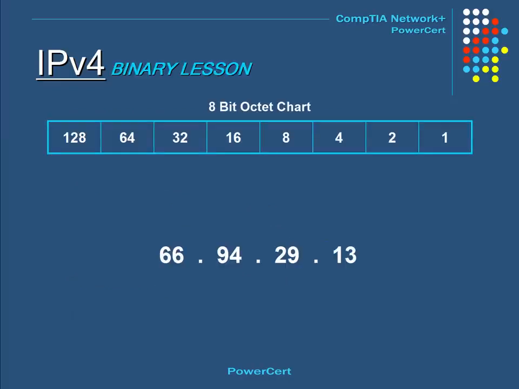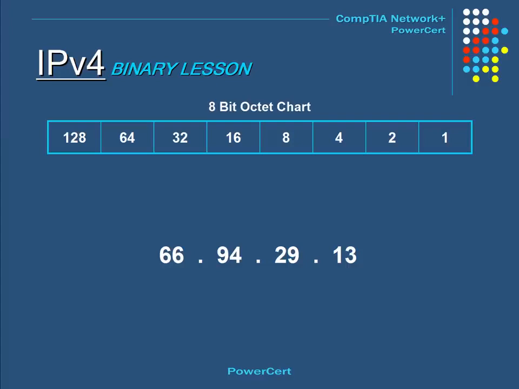IP version 4 is made up of 4 sets of 8 binary bits, and these sets are called octets. The bits in each octet are represented by a number. So starting from the left, the first bit has a value of 128, then 64, then 32, and so on, all the way down to 1. Each bit in the octet can be either a 1 or a 0.